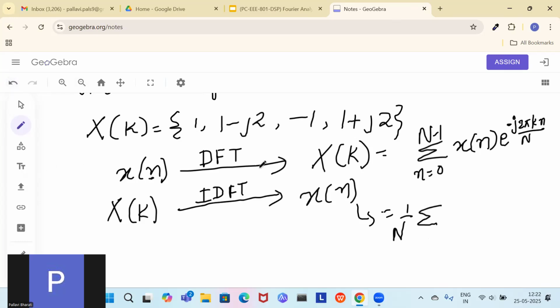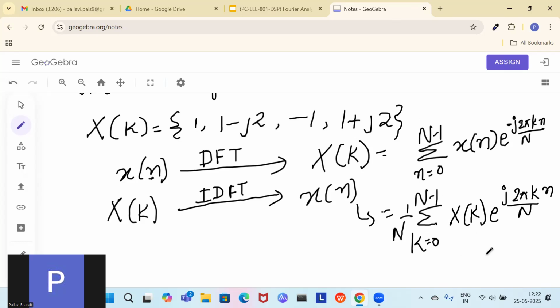Here n was given, so the range is n equals 0 to N minus 1. Here k is given, so the range is k equals 0 to N minus 1, of X(k) e to the power j 2 pi k n by N.